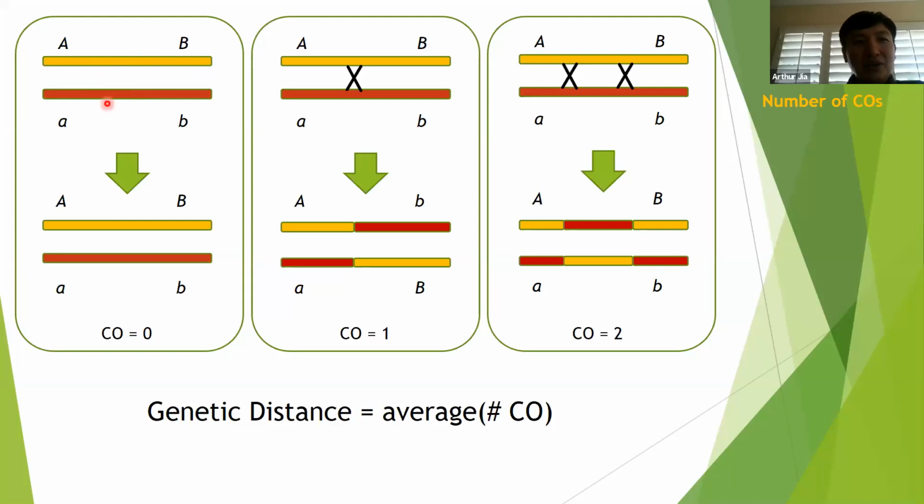When we do the test cross, if there's no crossing over occurring between these 2 loci, you're going to see the same genotype as the parents, and we call this parental type, because there's no crossover in between. However, if there's a single crossover between A and B, in this meiosis you're going to see a different genotype, and probably a different phenotype as well.